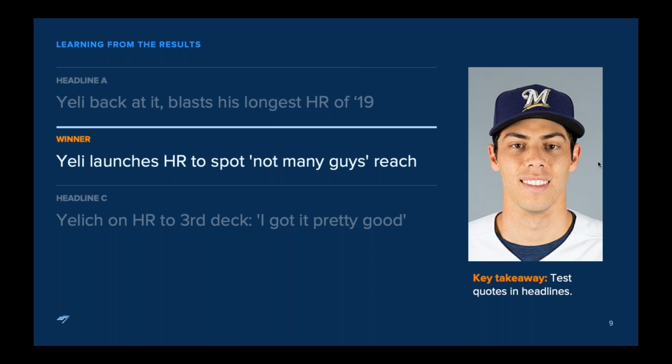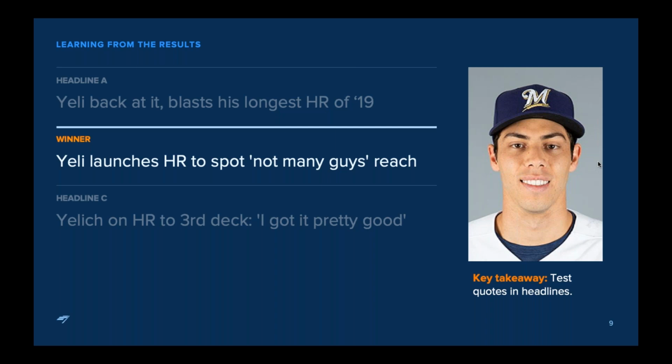In this instance, Christian Yelich, you can say crushed a homer. A lot of guys crush homers, and they're fun to watch, and people will click in to watch them. But this was a shot, third deck in Milwaukee, and we wanted to convey that in the headline: if you like long homers, you're really going to want to watch this. And that little snippet conveyed that.